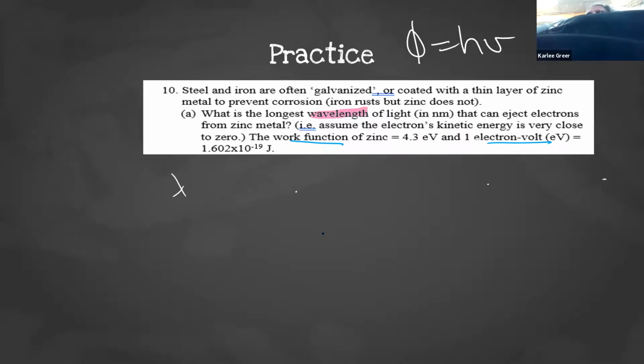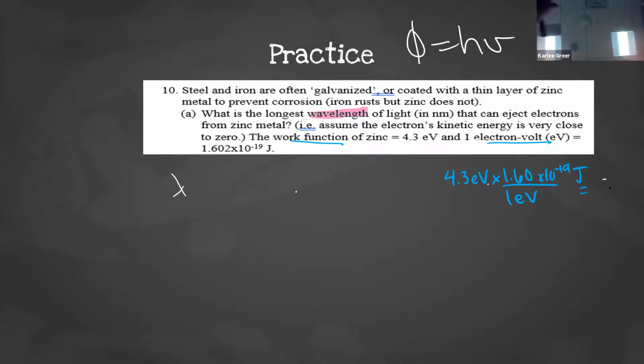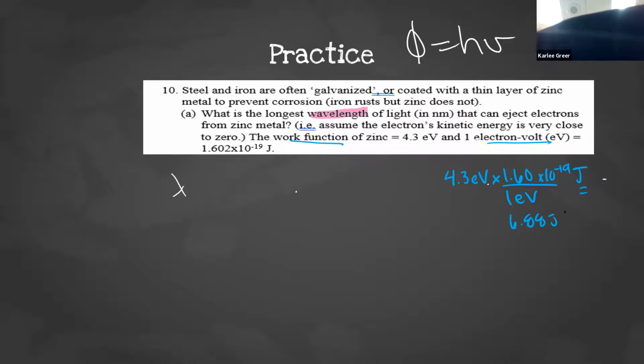So I'm going to start by converting my 4.3 electron volts to joules, using 10 to the negative 19th joules per electron volt. And that gives me 6.88 times 10 to the negative 19th joules, it looks like. Cool.